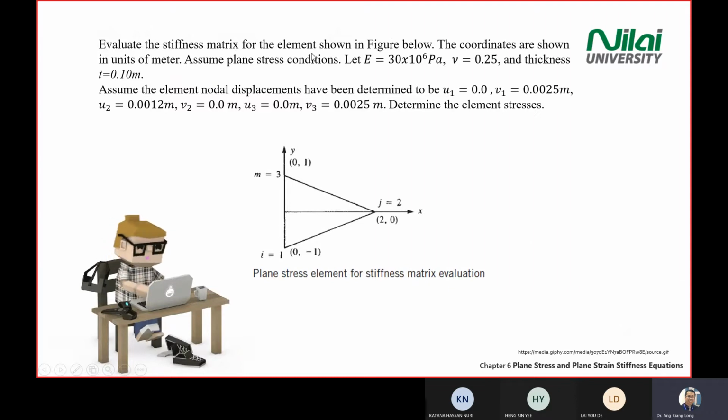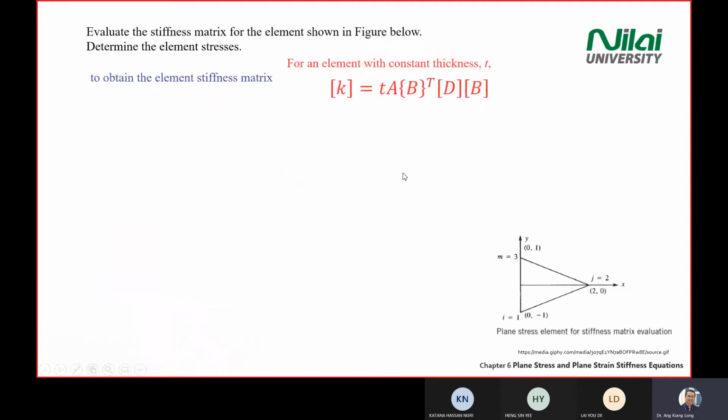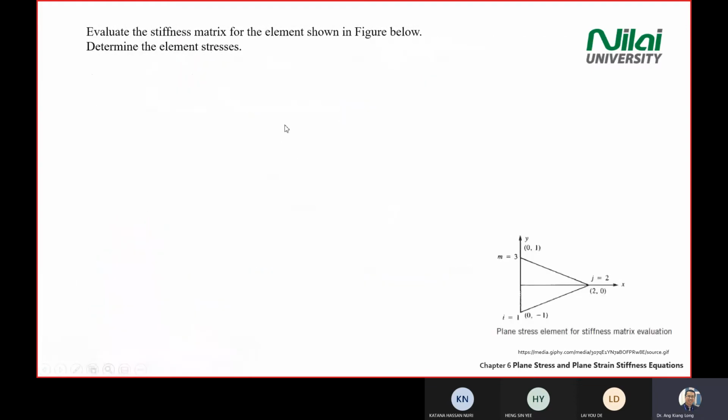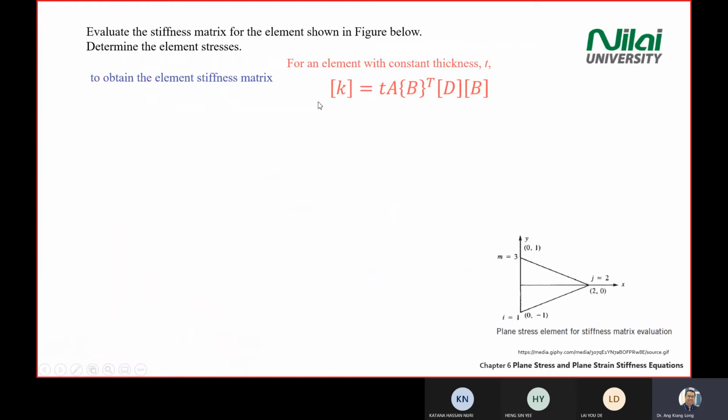When you see this line, it means it refers to chapter 6. All right, so when you see this word, assume plane stress condition, the first equation you write on the answer sheet is this one. K matrix equal to t A B transpose D B, this matrix. You write this one, you get 1 mark for the equation.